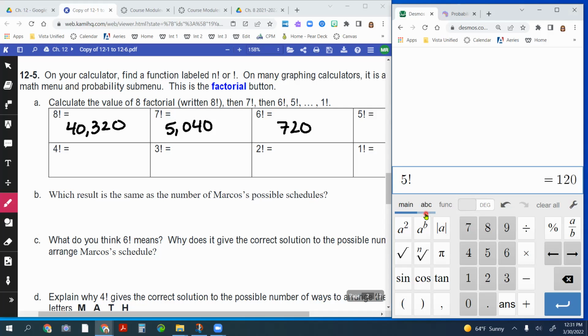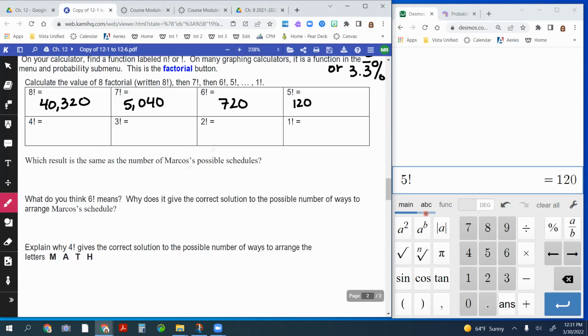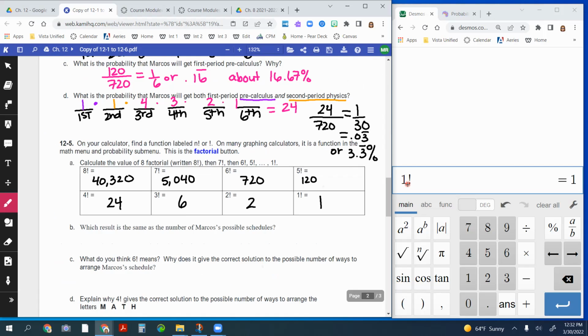And for that, we get 120. Okay, and then I'm going to do 4 factorial, and we get 24. I'm going to do 3 factorial, and we get 6. I'm going to do 2 factorial, and we get 2. I'm going to do 1 factorial, and we get 1.